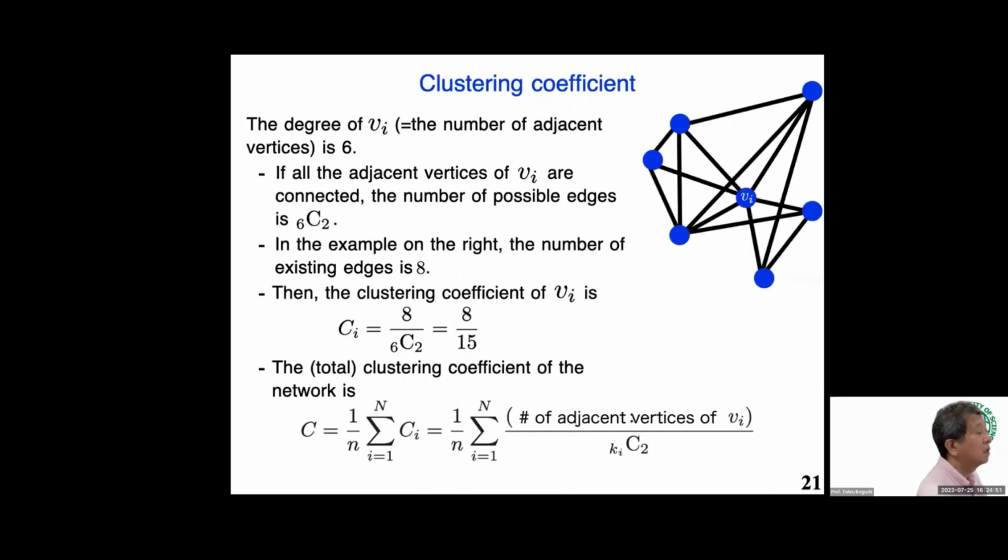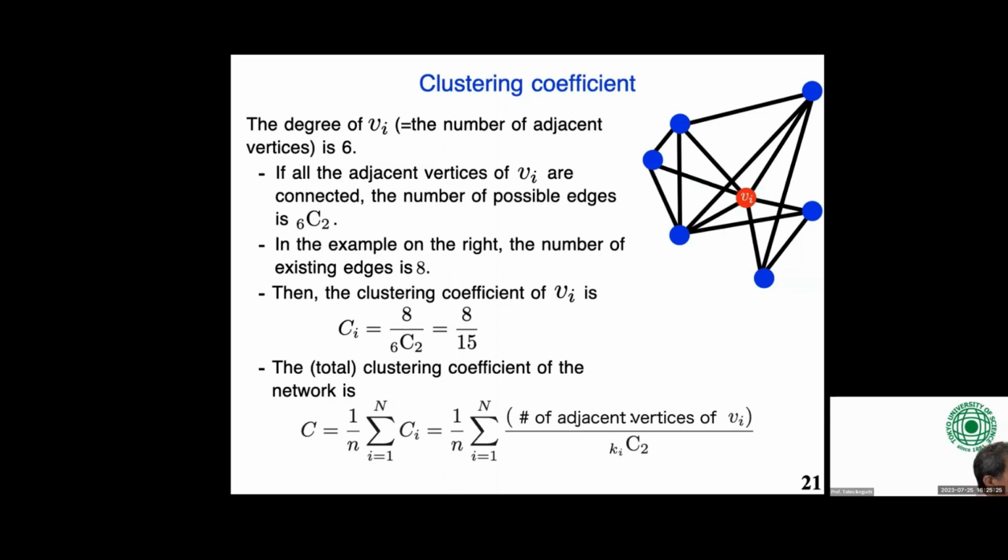Now let's check the clustering coefficient. The clustering coefficient is a measure for evaluating how many triangles exist just around a given vertex Vi. Please see the vertex Vi in the simple graph on the right.